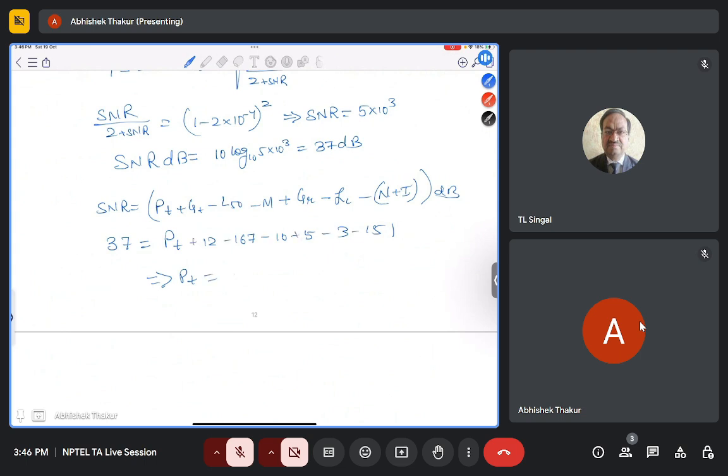So now PT is equal to 37 minus 12 plus 167 plus 10 minus 5 plus 3 plus 151 dB. So the value of PT is around 49 dB watt.